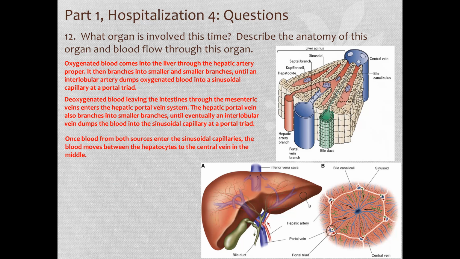Once blood from both sources enters the sinusoidal capillaries, the blood moves between the hepatocytes to the central vein in the middle. All of the central veins will connect up to form the hepatic veins, which you can see in the back of this image. There's the three little hepatic veins here, and these hepatic veins leave the liver and join up with the inferior vena cava. So again, remember the hepatic portal vein and the hepatic veins are different vessels.